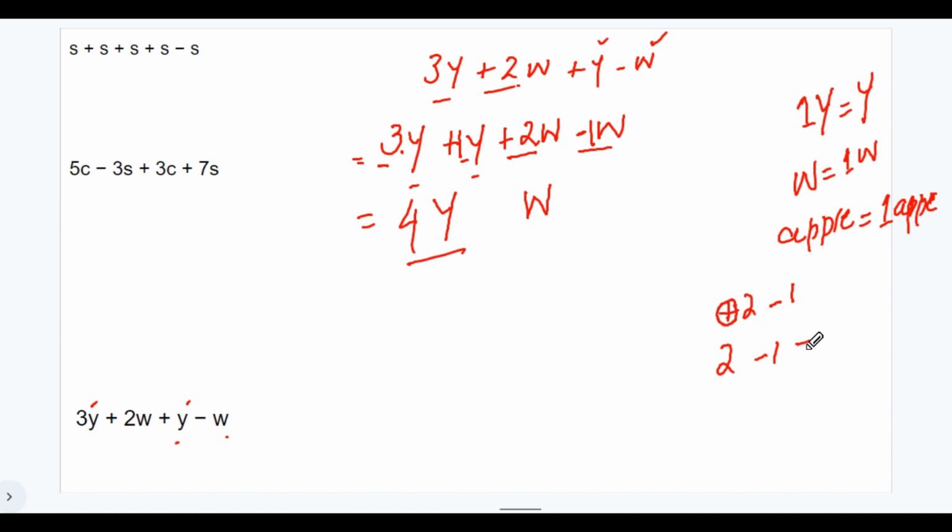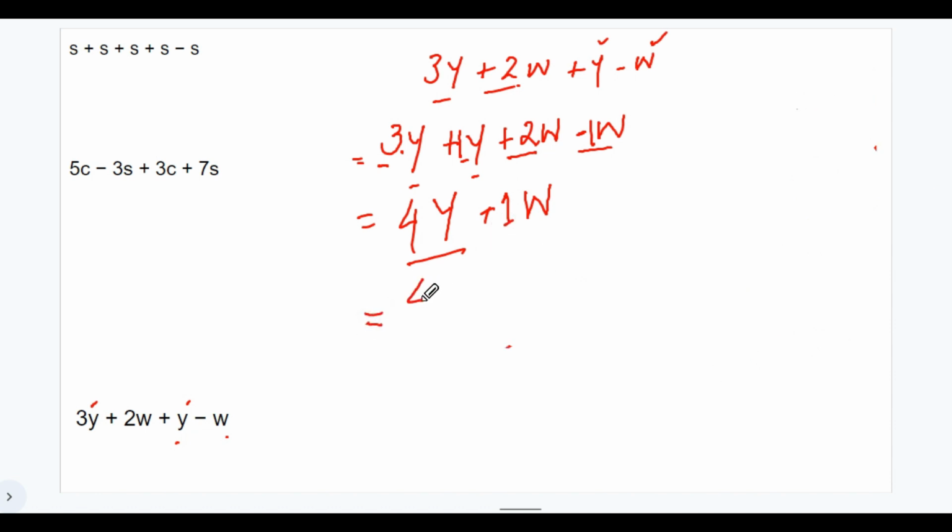So 2 minus 1 will give you 1. So it is again plus 1, plus 1w. So now what should I write in my answer? 1w or only w? Yes, of course, only w, because w means 1w. If you are given a, it means 1a. Okay, so this thing you need to write in this way.